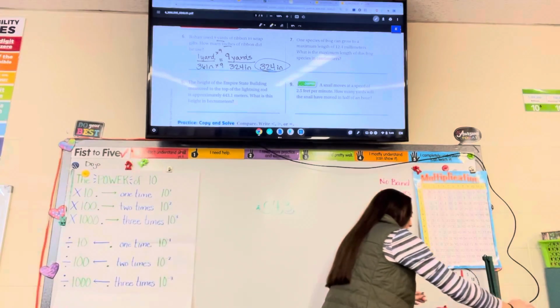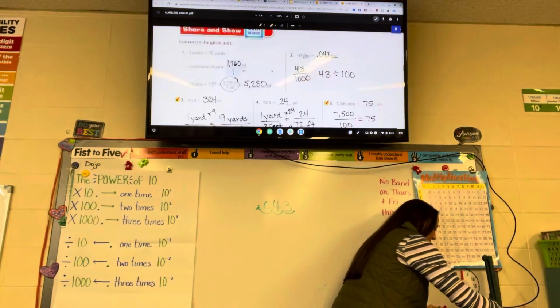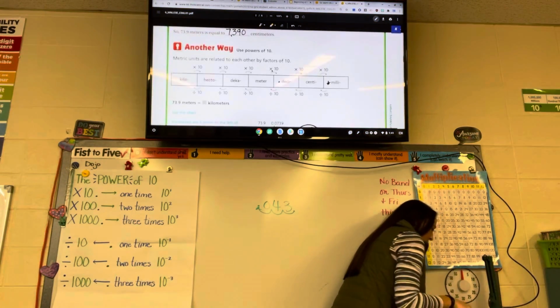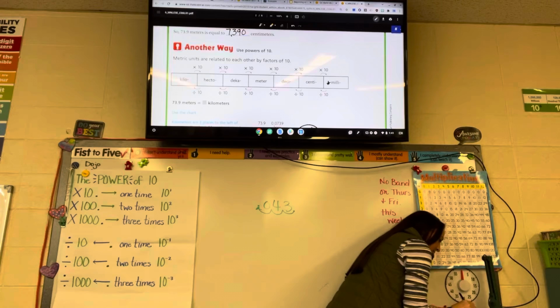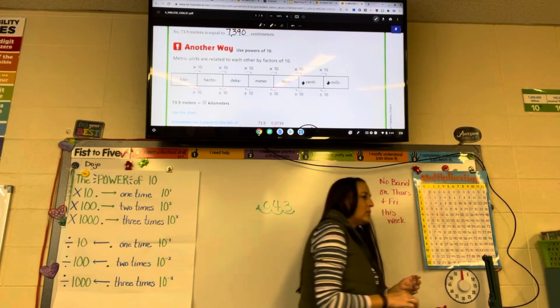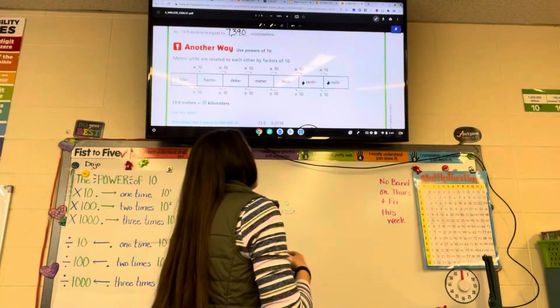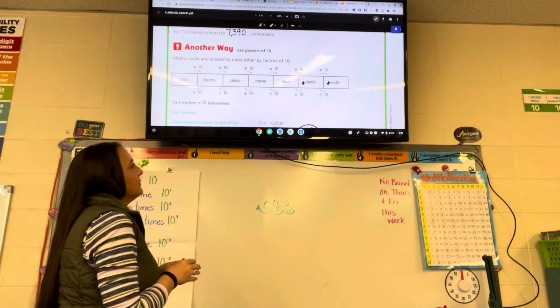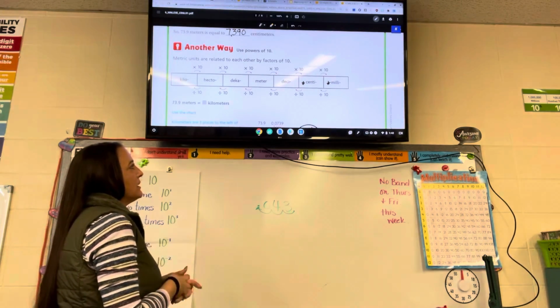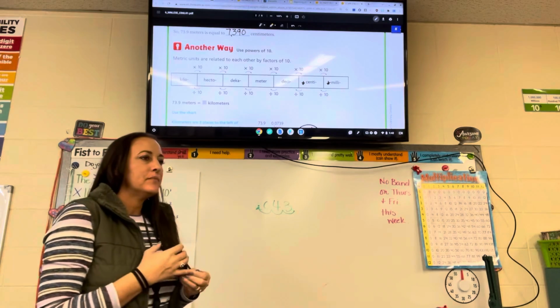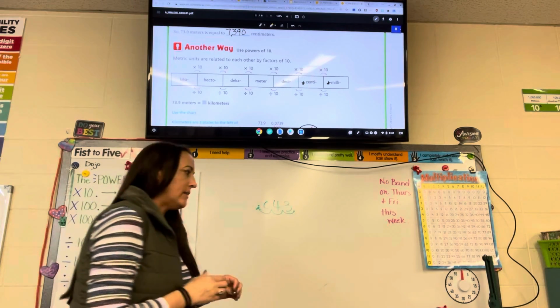So let's go back up to our chart. We are going from millimeters to centimeters. So, Luke, does that mean we're going to multiply or divide? We're going to divide by what? 10. Good. Very good, Luke.